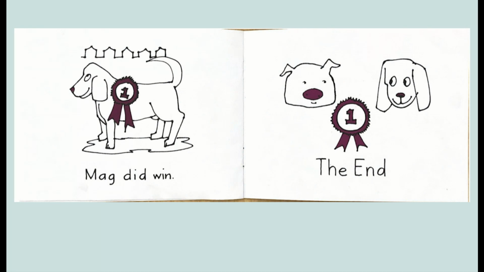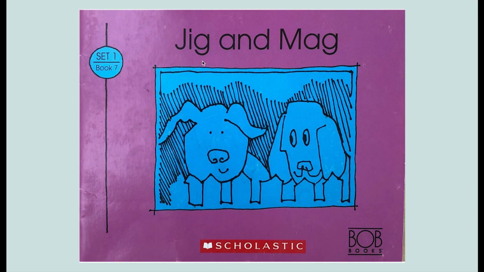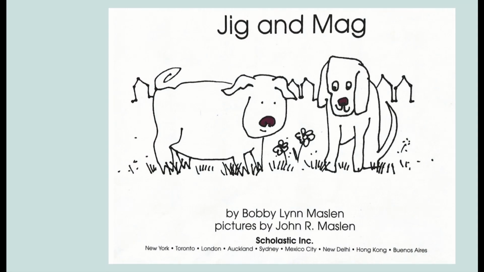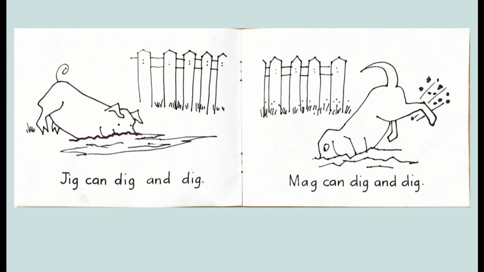So in our story, Jig won something and Mag won something. Let's go back and reread it now that we've decoded all of the words. Ready? Jig and Mag. Jig is a big pig. Jig can dig and dig.